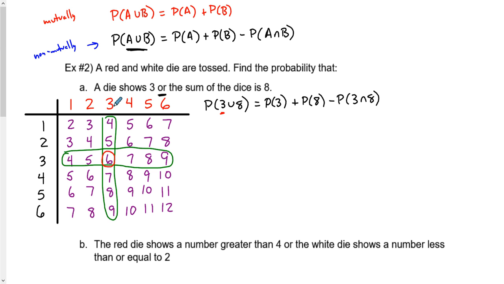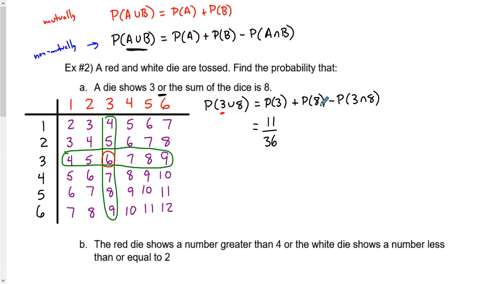Doesn't really mean that they both can't show 3. You kind of have to read the question. But in total, how many times are there actual 3s showing? Well, there's 6 there, there's 6 there, but we're not going to write 12 because we're not going to duplicate this intersection here. So it would only be 11 out of 36.